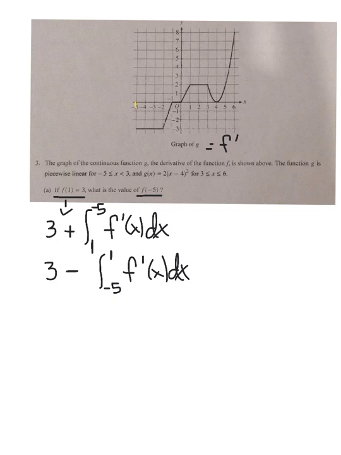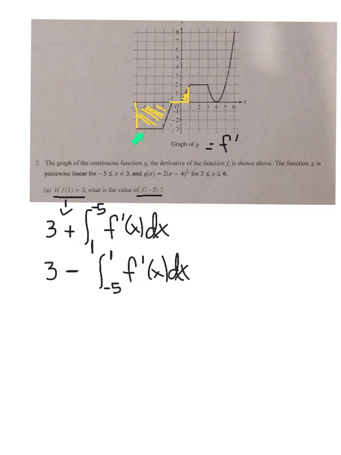I am going to find the area of this space in here, which is a trapezoid. Now you could do a rectangle, or actually that might just be a square, and a triangle if you so choose, but I'm going to do a trapezoid. Now there is no area right here from negative 1 to 0. And then lastly, I'm going to go all the way up to 1, so I'm going to do that little triangle right in there. So you're basically taking the area of those two spaces.